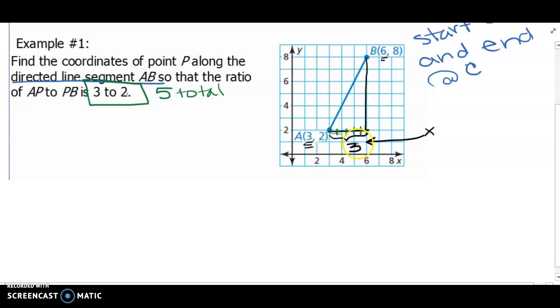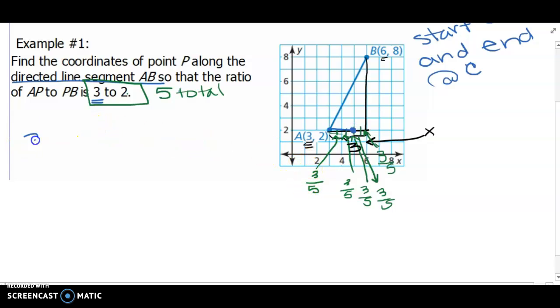If I cut 3 into 5 equal parts, that means each one of these has to be 3/5 units. So this is 3/5, this is 3/5, this is 3/5, this is 3/5, and this piece at the very end is 3/5. Each one of those is 3/5. Now what I want is 3 of those. I'm starting at A, so I want 1, 2, 3 of those. I want to find out what's the x-coordinate right here.